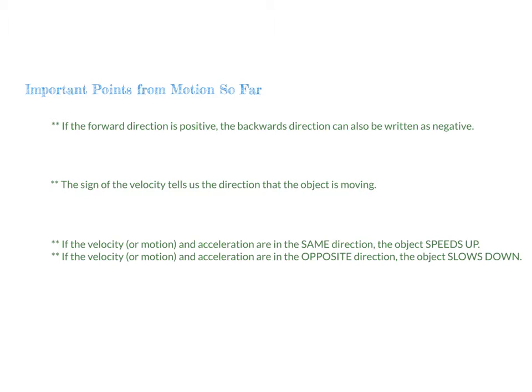So let's just say I had a vector that was, say, 5 kilometers to the north, and this was our forwards direction. We could write the opposite, or the backwards direction, as 5 kilometers to the south.